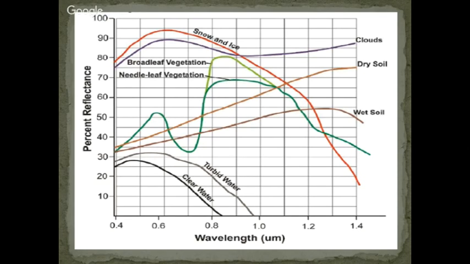So this narrow spectral width of near infrared, 0.8 to 1 micrometer, can be used to differentiate different vegetations, because even beyond 1 micrometer, the spectral reflectivity curves for both surfaces are again coinciding. Which means that even at the longer wavelengths, it is not possible to differentiate between different vegetation surfaces.